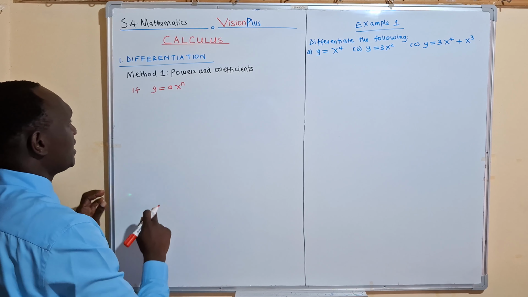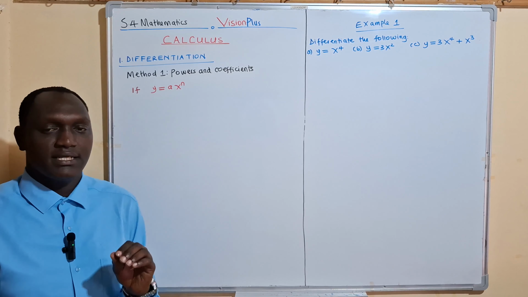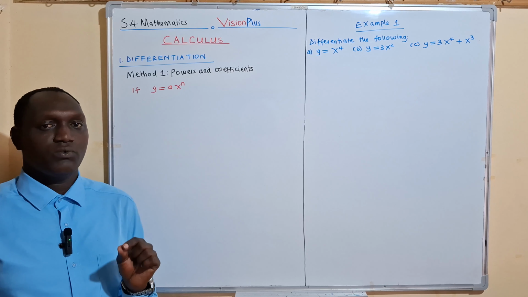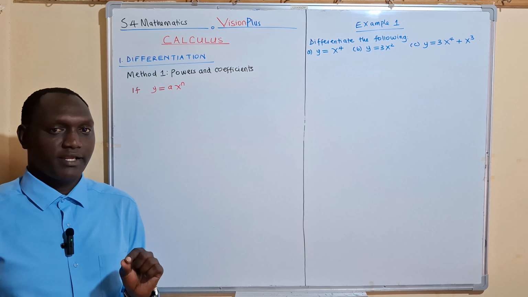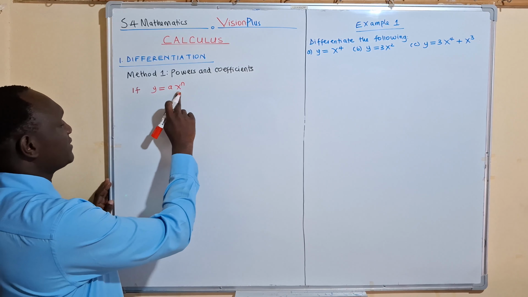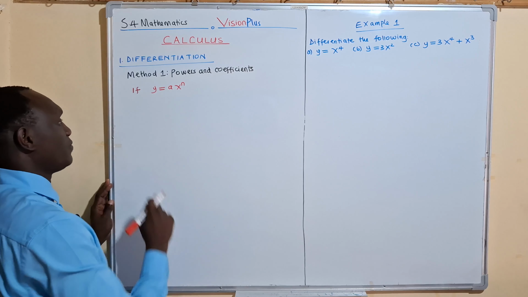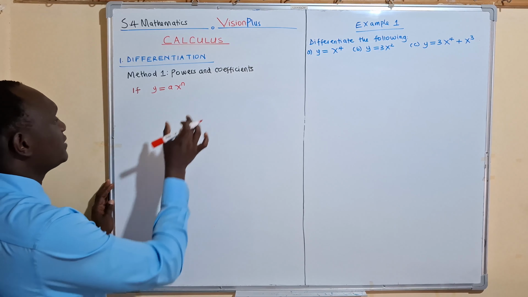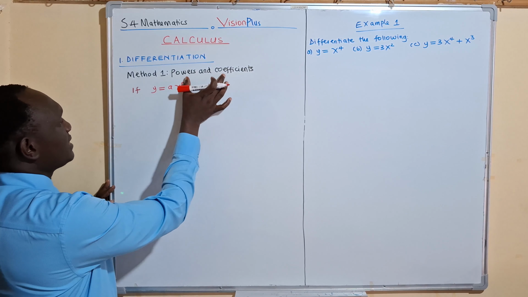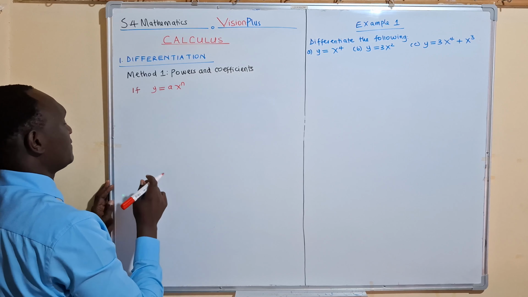Remember we said the derivative is the instantaneous rate of change of a function with respect to one of its variables. So in this case, x is the variable of the function y. So how do we differentiate this function when we are considering powers and coefficients?